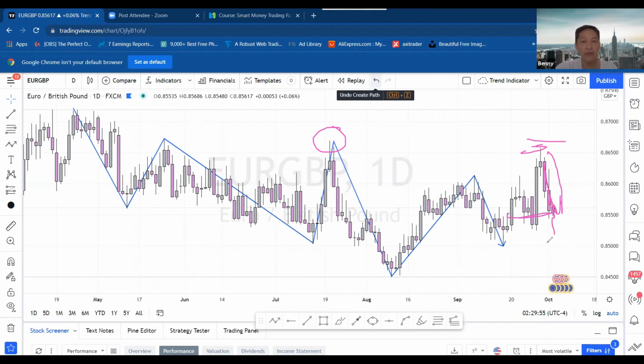Okay, so this is a very, very important concept that we need to understand, right? Higher time frame is always more important than the lower time frame. We can do counter trend trade, but you must know when to get out from the trade, because the moment the price arrives at the legit lower high, if you long, or legit higher low, if you short, you need to take profit.